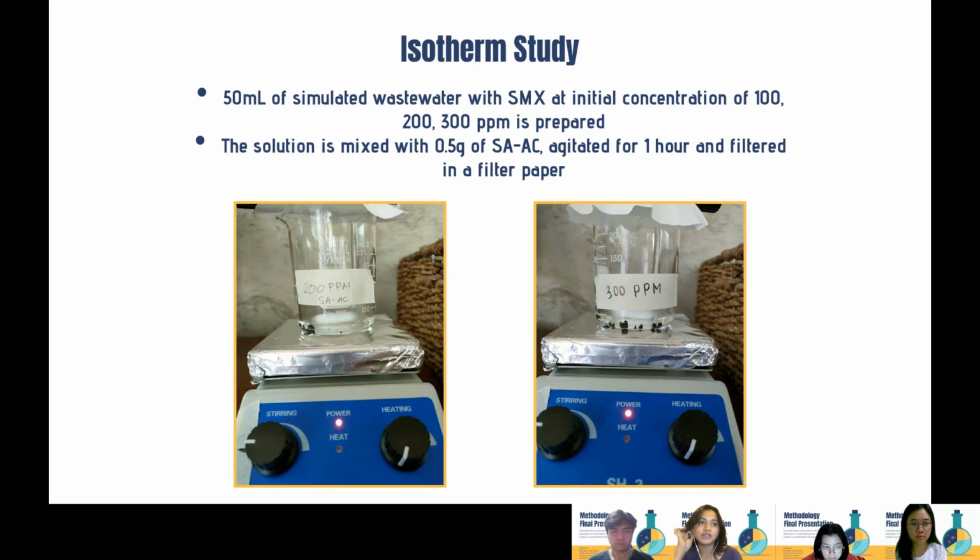The solution will be agitated at a constant speed of 250 rpm. After mixing, the solution will be filtered through filter paper, and the filtrate will fill the cuvette and will be analyzed with the UV-vis spectrophotometer.